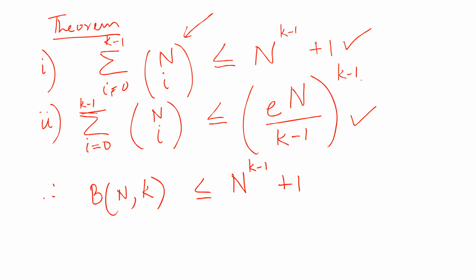Now, we are not done yet because our goal was to somehow create a polynomial bound for my growth function, if you remember, because it was the growth function that was really impacting my error bound and was impacting my learning problem. And that's what we want to do, right? So let's move on towards that process.